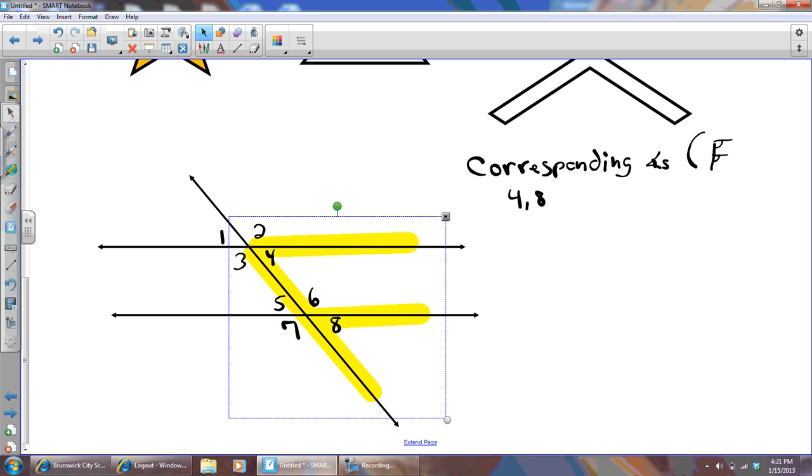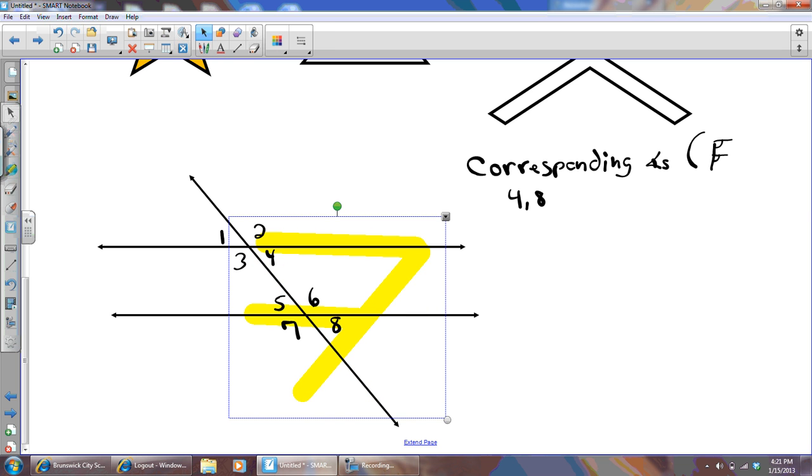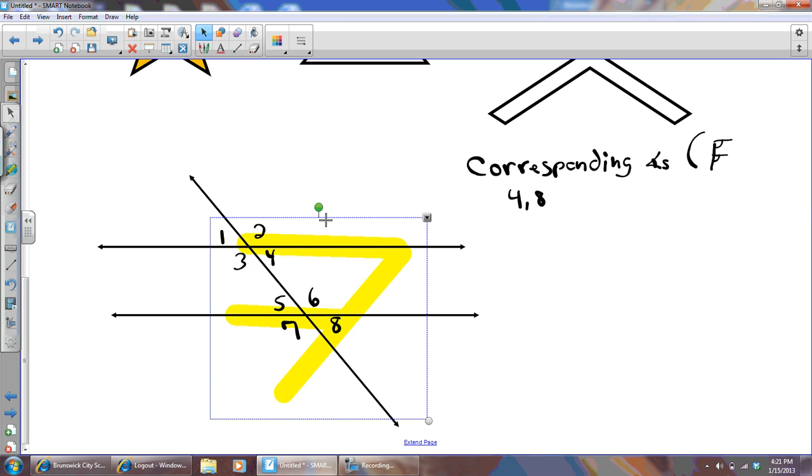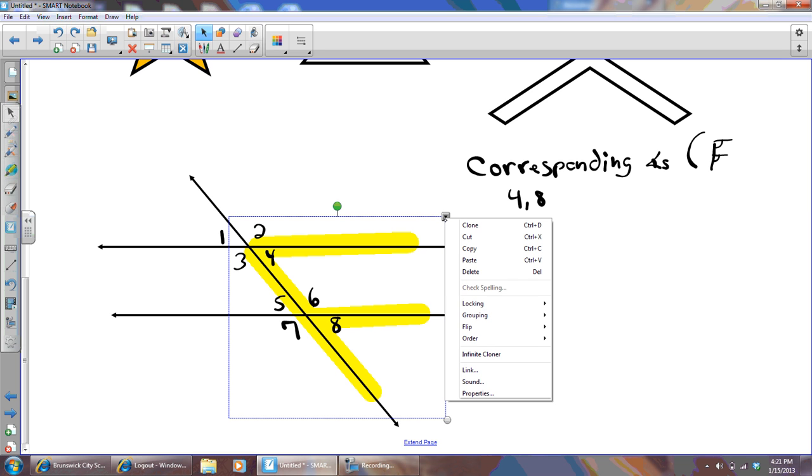All right. Consequently, there are other angles that are, let's see here. Oh, that angle's going the wrong way. Sorry, I guess I can't get it to do what I wanted it to do. Let's try flipping it the other way.